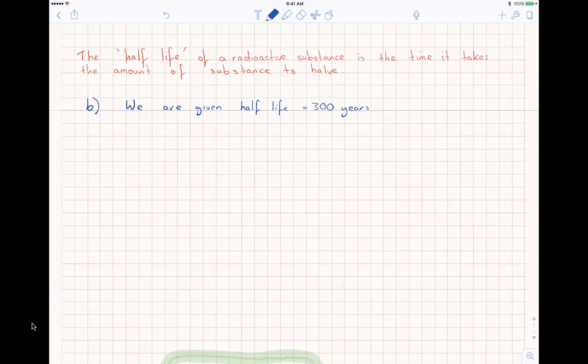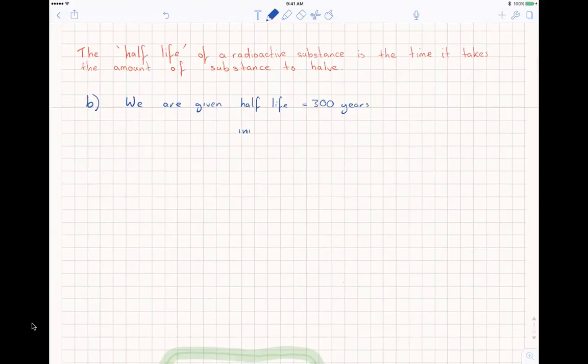We know the initial amount, and we're referring to the initial amount as Q0. We also know now from the previous question that K equals, oh no, we don't know that yet, that's what we're working out. So we know the initial amount is Q0, we know the half-life is 300.